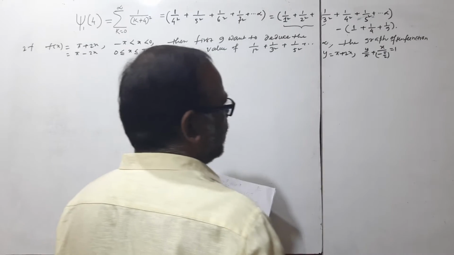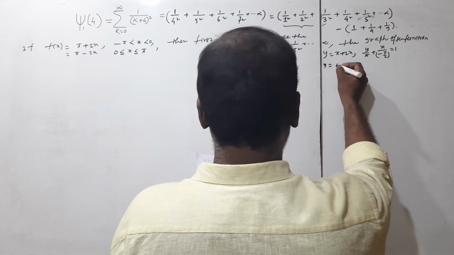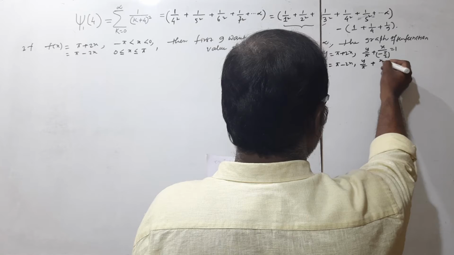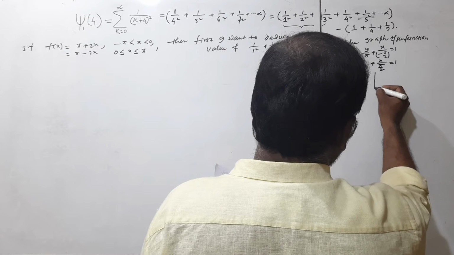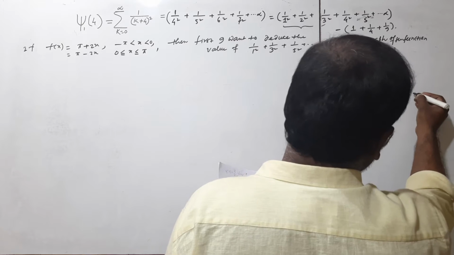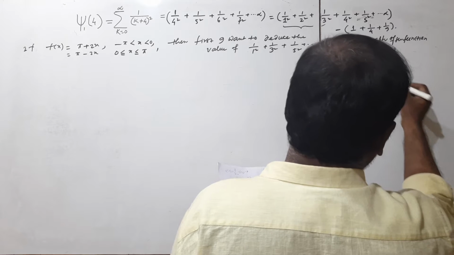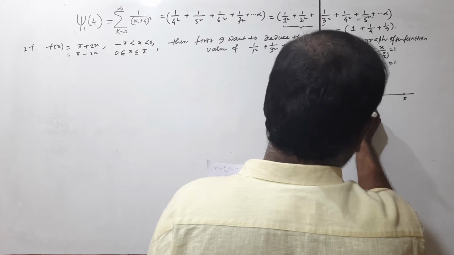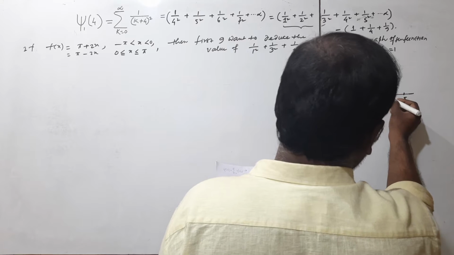And for the other function, y equal to pi minus twice x, this is y over pi plus x over pi by 2 equal to 1. So the wavelength of this function is pi, and this is minus pi, this is minus pi by 2, this is pi by 2.